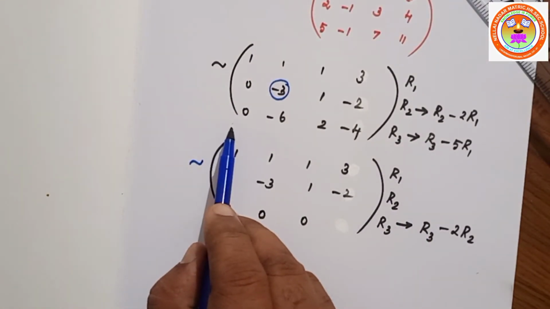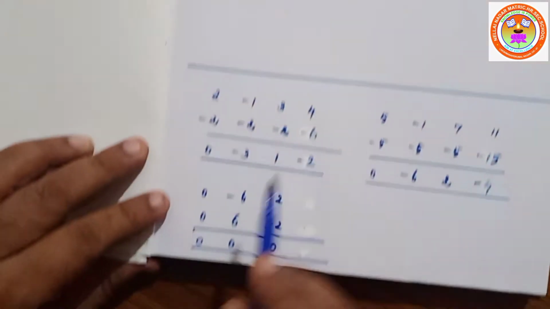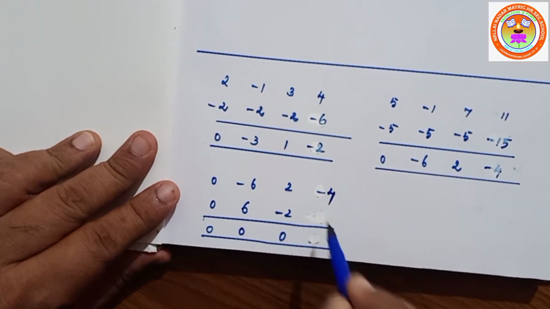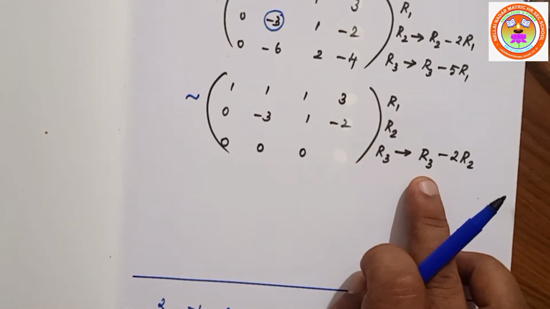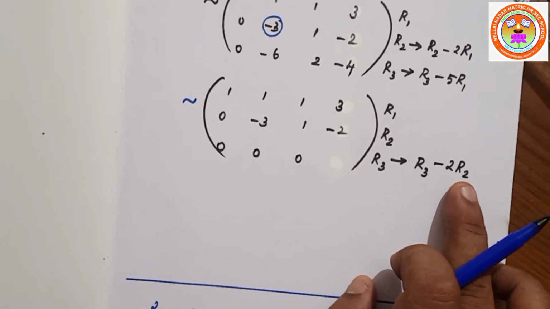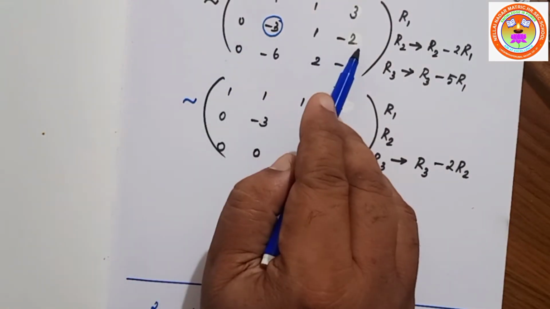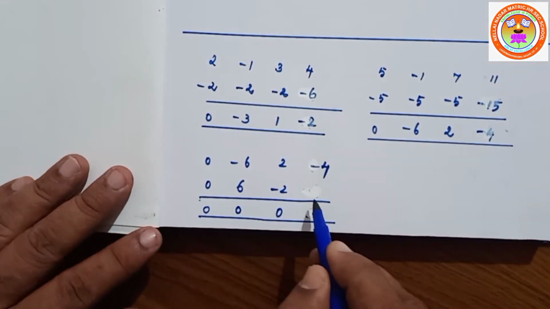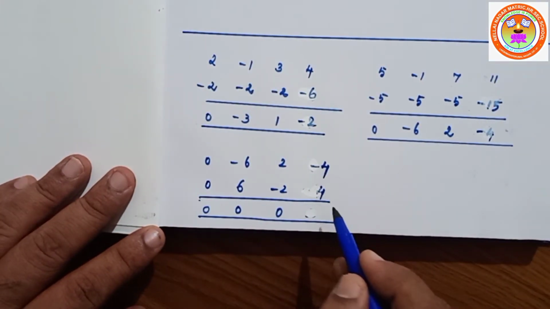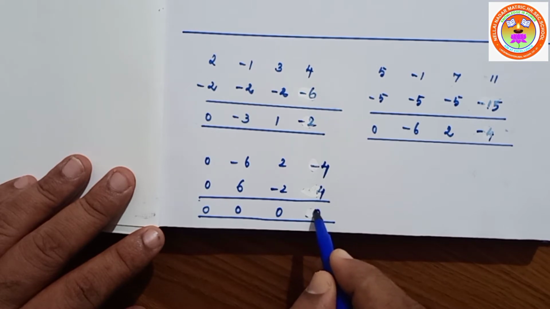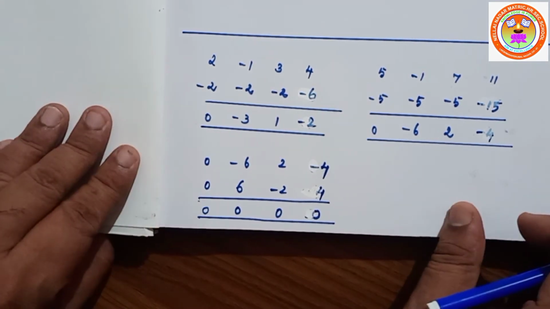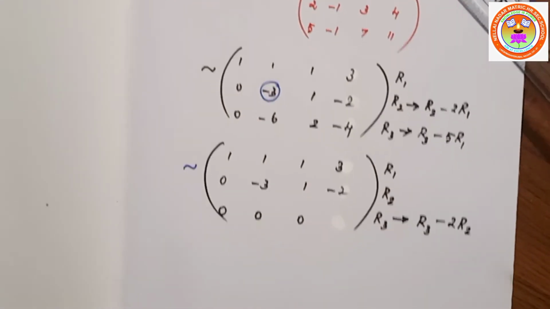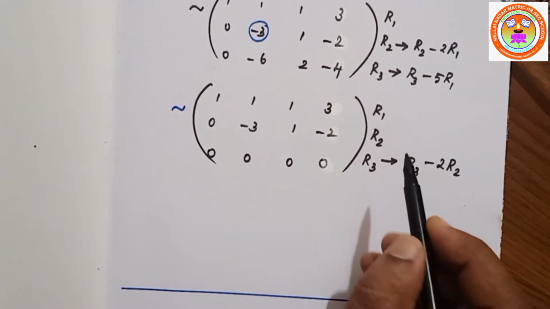What is R3? 0, minus 6, 2, minus 4. Then R3 implies R3 minus 2 R2. If you multiply it by minus 2, particularly this portion has to be changed. Minus 2 into minus 2, that is plus 4. So minus 4 plus 4, you are getting 0. Here also 0. So you have to put 0 over here.